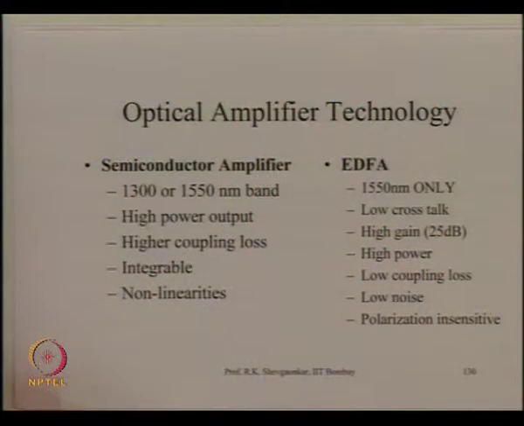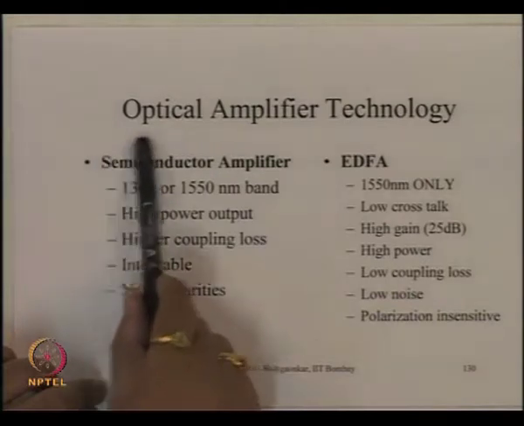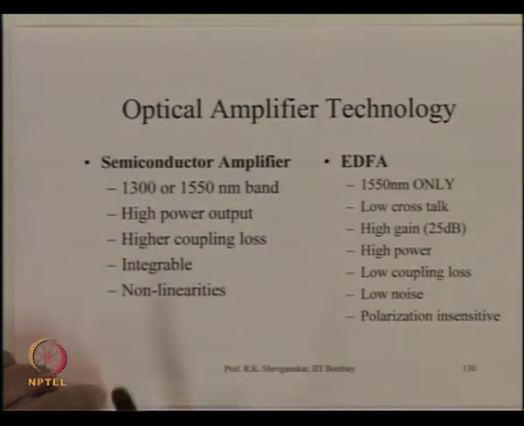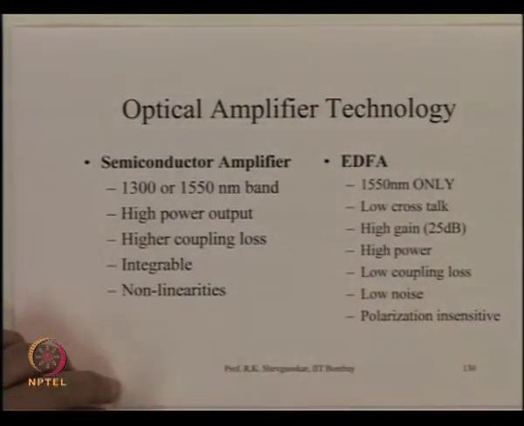Then we saw that for WDM systems we require various components, and one of the very important components for long distance communication is an optical amplifier. So, yesterday we had a comparison: if you consider the amplifiers which can amplify the signals directly at optical frequencies, then either we can have a semiconductor amplifier, which is like a laser, or we can have an amplifier which is fiber based, and the most commonly used is the erbium doped fiber amplifier.